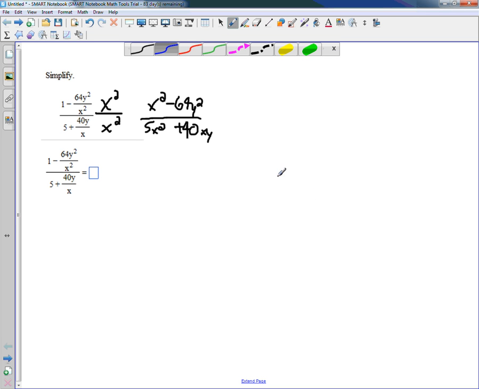To simplify this, we need to recognize a couple of things. First of all, I have a GCF here, and I have a difference of squares in my numerator. X squared minus 64y squared is a difference of squares, and it's going to factor into x minus 8 times x plus 8.